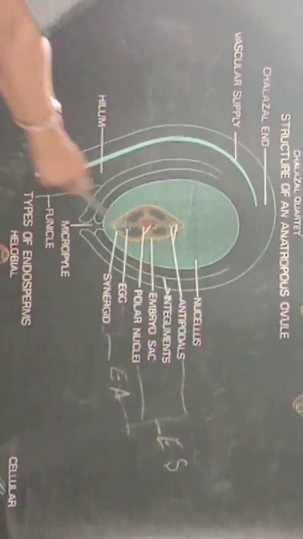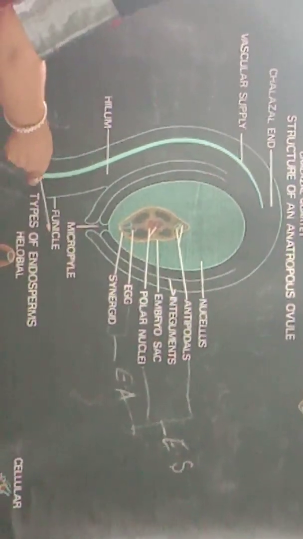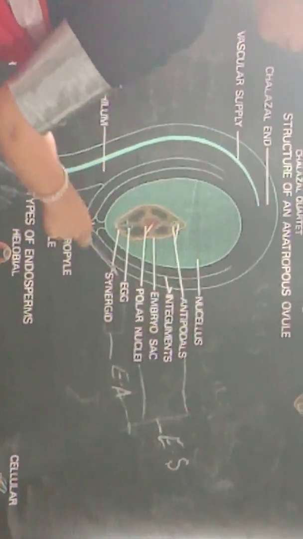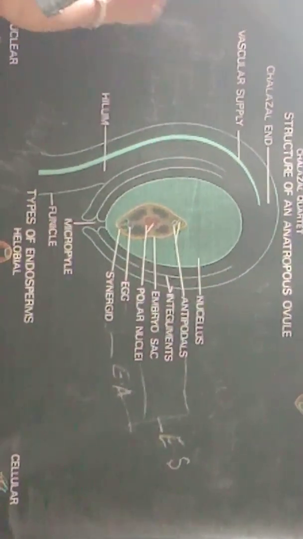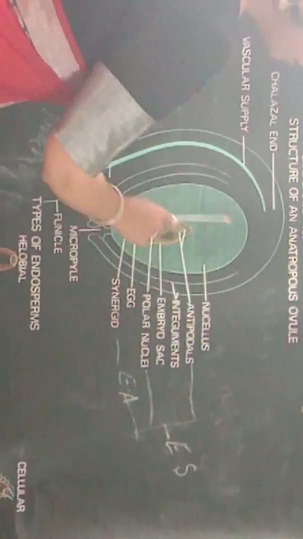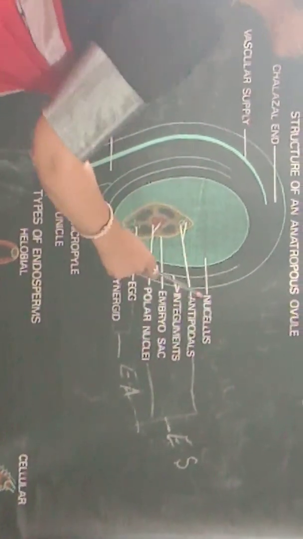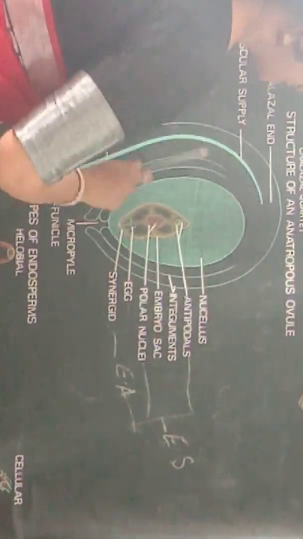So the ovule has got the following different parts. There is a stalk called as funicle or funiculus, which is attached to the body proper of the ovule. The junction between the stalk and the body proper of the ovule is called as hilum. Major part of the body of the ovule is made up of a nutritive tissue called as nucellus, a diploid nutritive tissue called as nucellus.